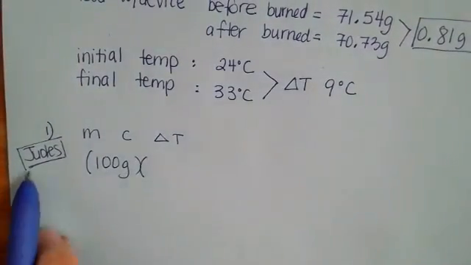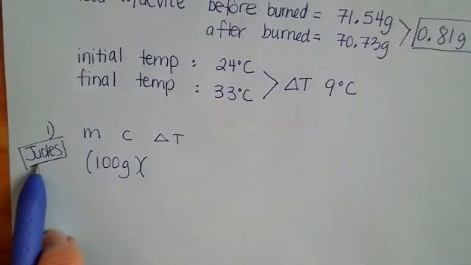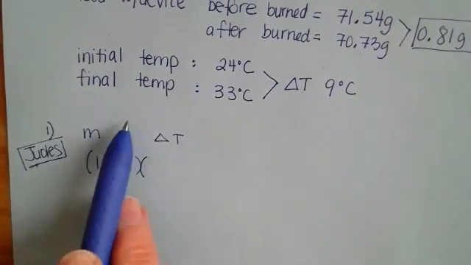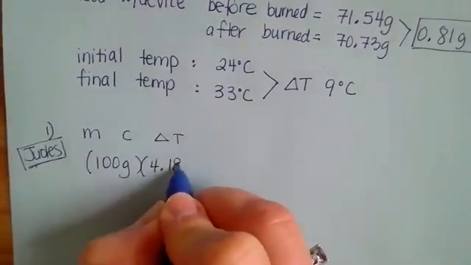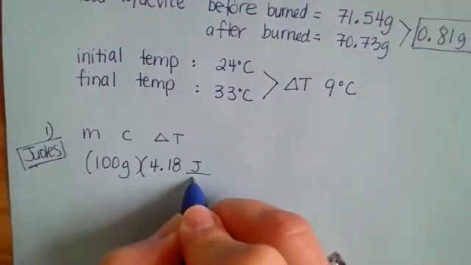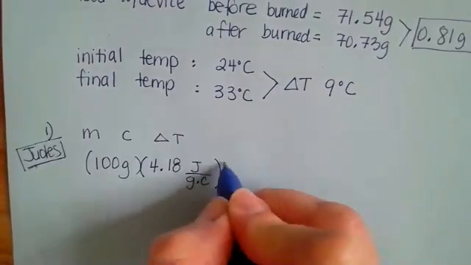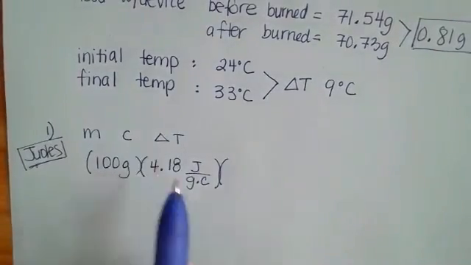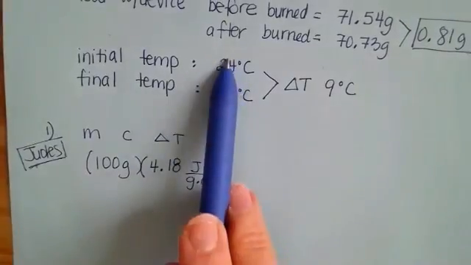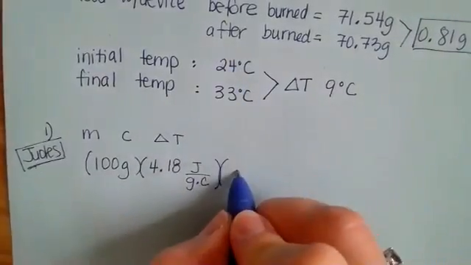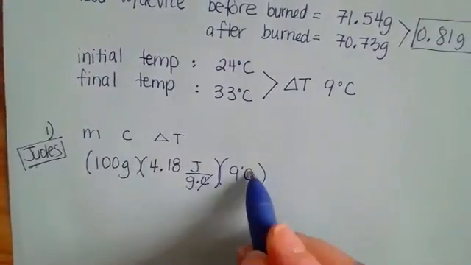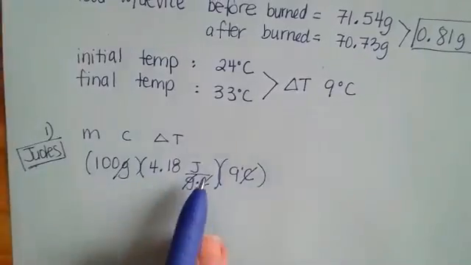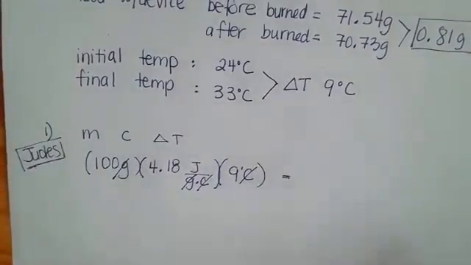Then the specific heat value. Because I asked you to find it in joules, you need to use the specific heat value in joules, which is 4.18 joules divided by grams times degrees Celsius. The change of temperature was the final minus the initial, which gave me 9 degrees. So I can cancel, cancel, cancel, and I'm left in joules.